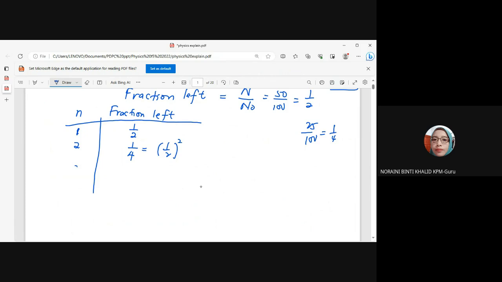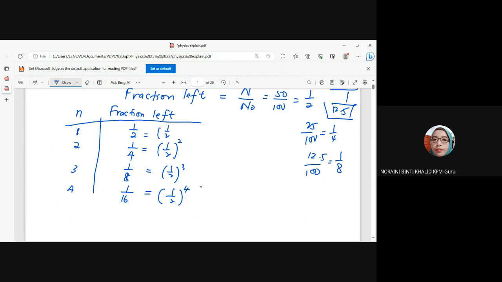If 3 half-lives, we can continue. This is 12.5. 12.5 divided by 100 is 1 over 8. Half from before, 1 over 8. It is half to the power 3. If we have 4 half-lives, half from this one is 1 over 16. So it's 1 over 2 to the power 4. This is half, means half to the power 1.